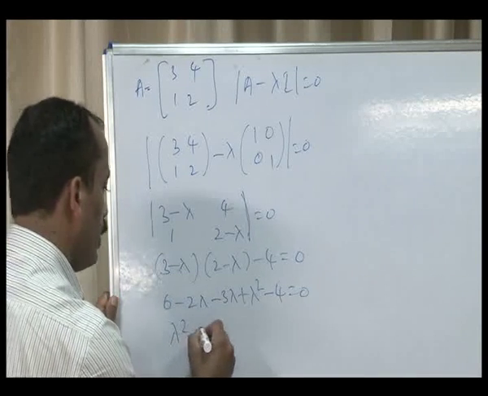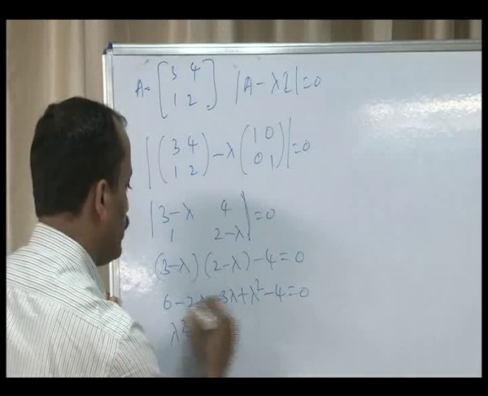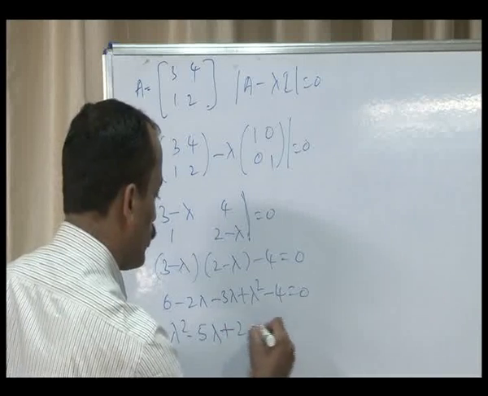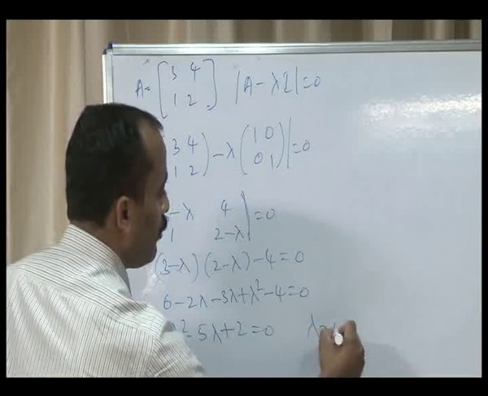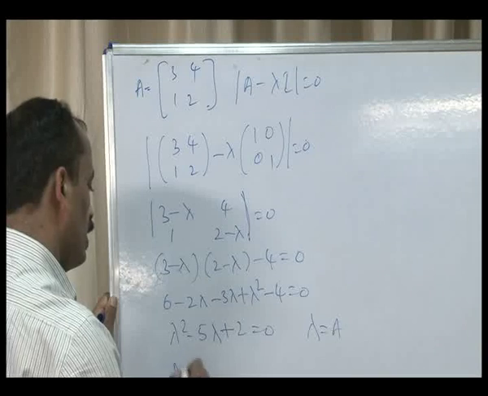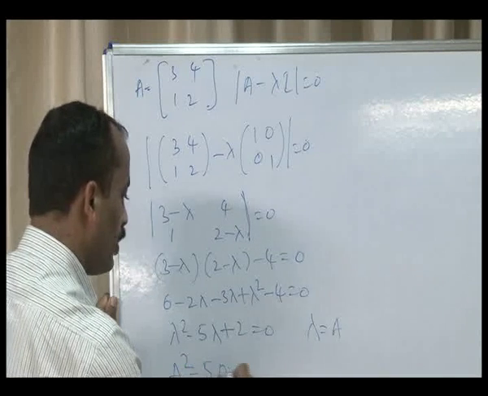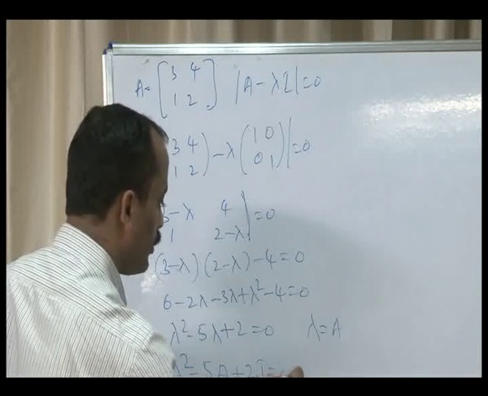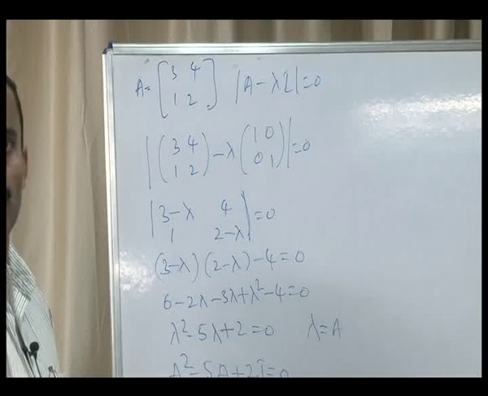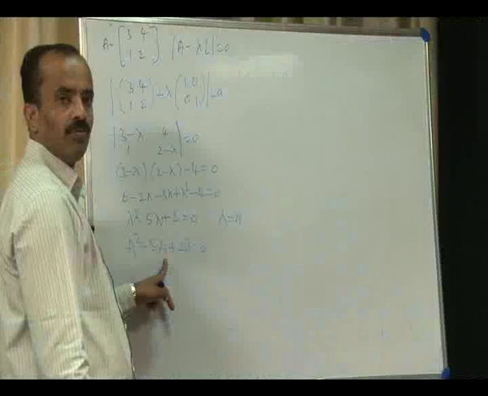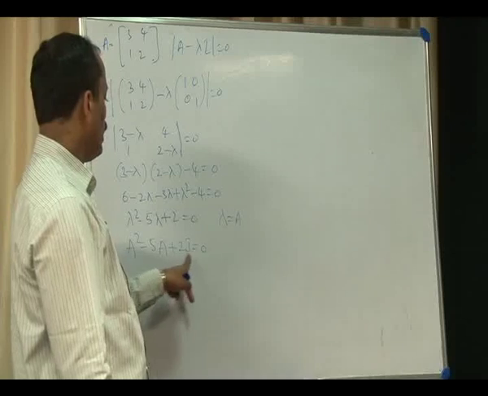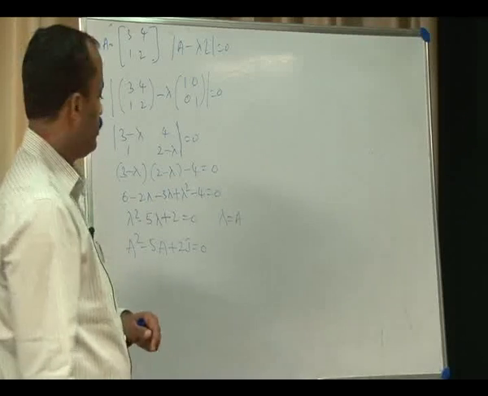Lambda squared minus 5 lambda plus 2 is equal to 0. You replace lambda by A, therefore, A squared minus 5A plus 2 into I is equal to 0.